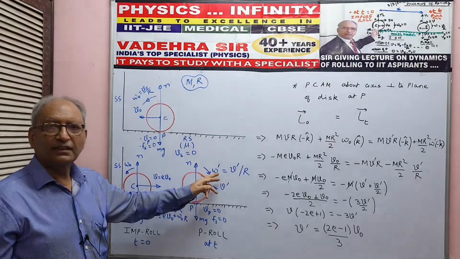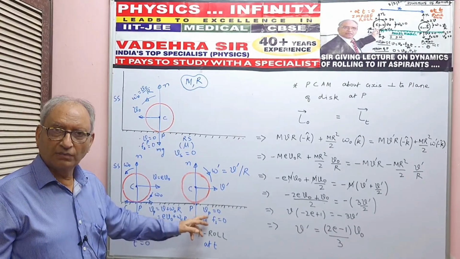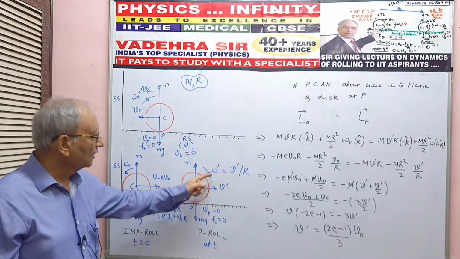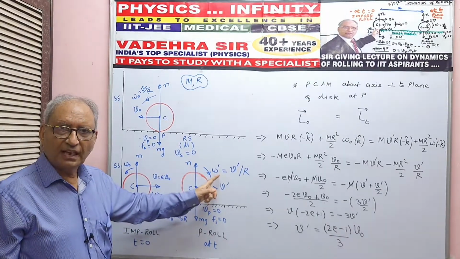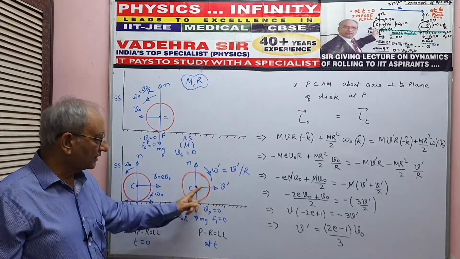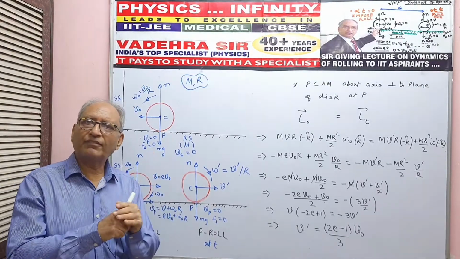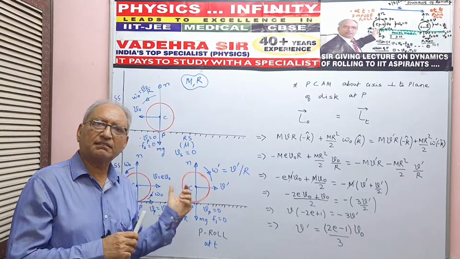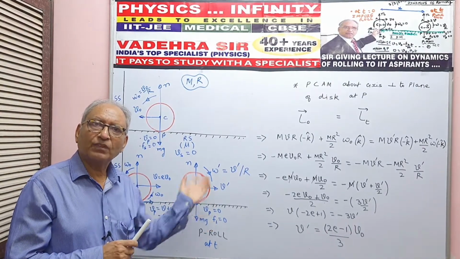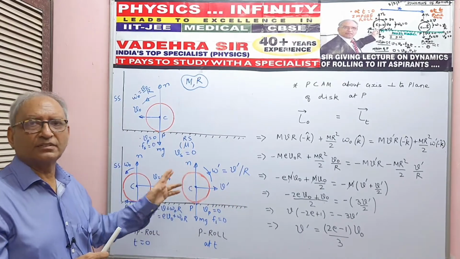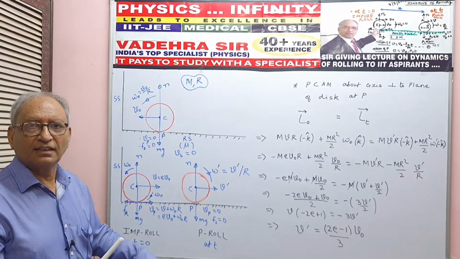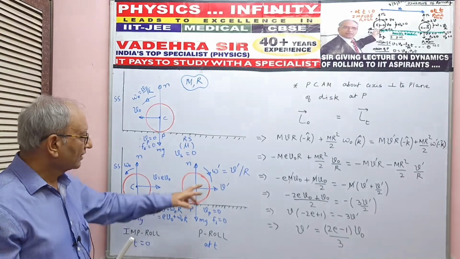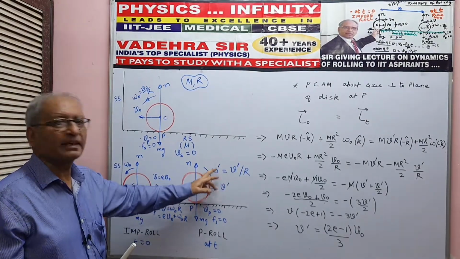So at the instant it begins to pure roll, the angular velocity is omega dash and its translational velocity becomes v dash. Fk has decreased the translational velocity and increased the angular velocity clockwise in such a manner that v dash minus omega dash r.